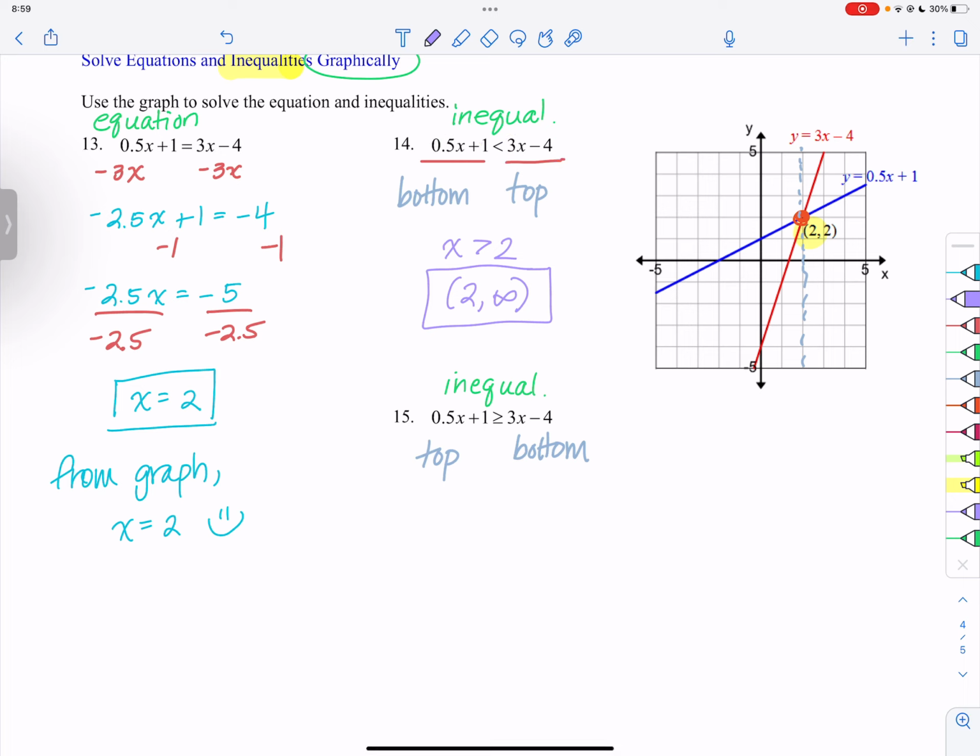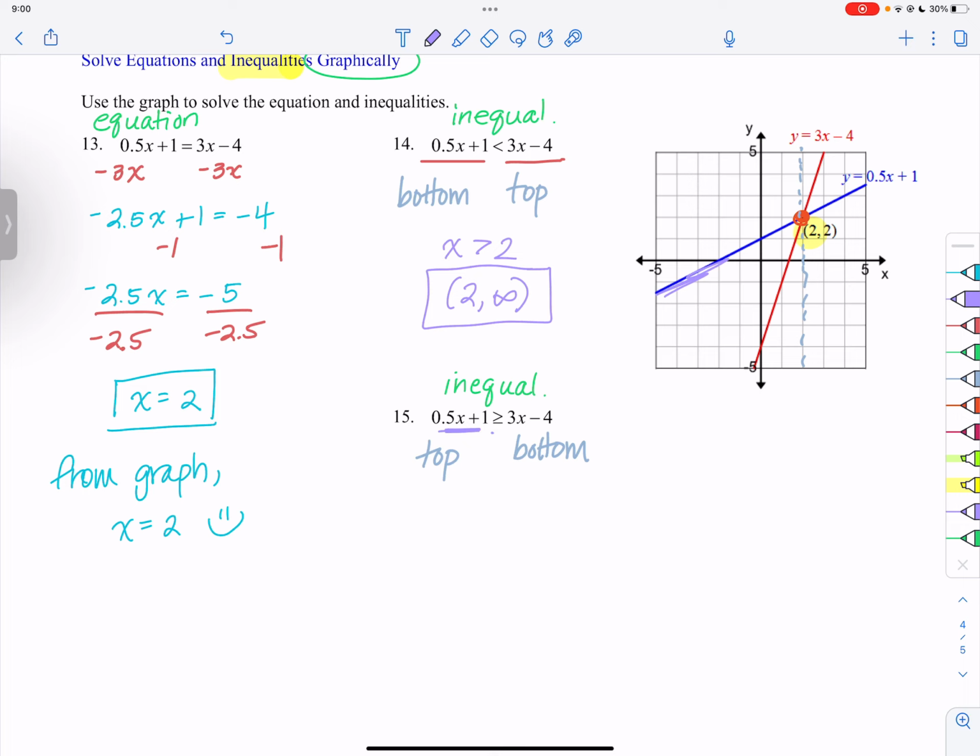Okay, now let's switch that around. As you can see, where is this blue line here? Greater than or equal. We already know it's equal at x equal to 2, but where is it greater? It's all here with all of these x values. So that is when x is less than 2.